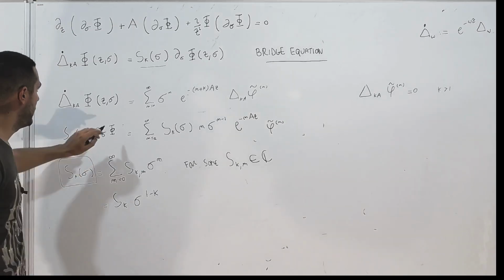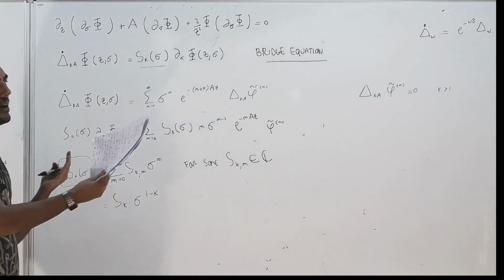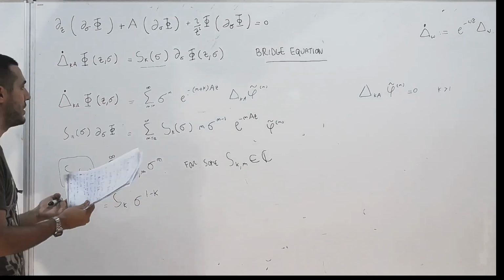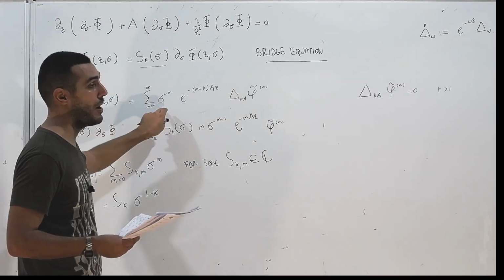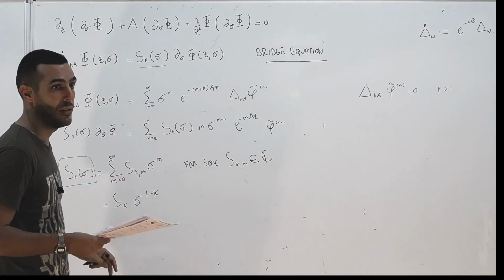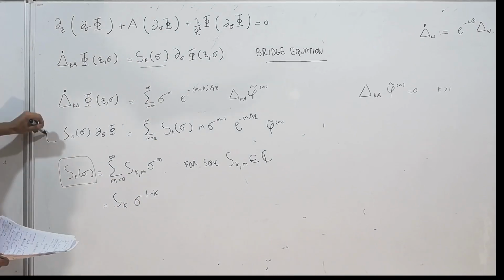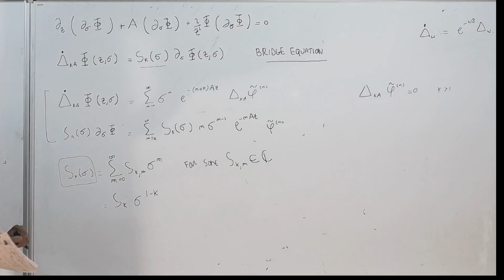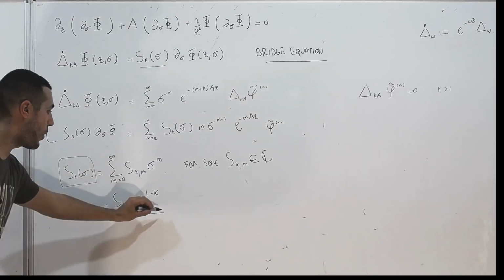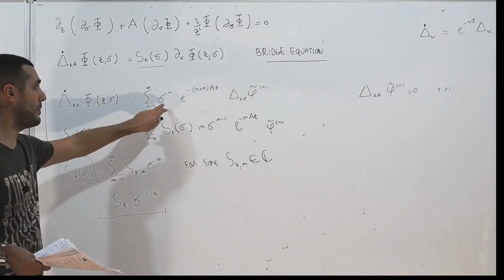But then, by imposing that the left-hand side and the right-hand side have the same structure in terms of powers of sigma and powers of e to the minus az, which might not seem clear just by looking at these two lines, but if you sit down and do it, it's super simple to see that this kind of requirement is the only way of matching.